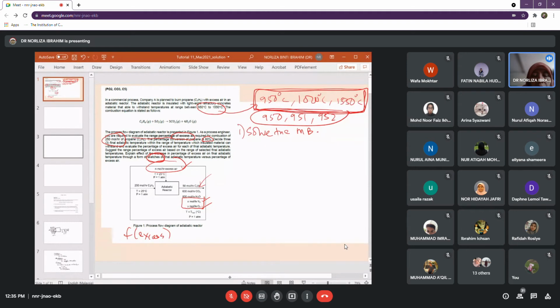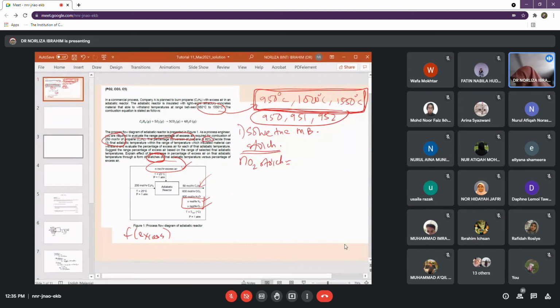Now dealing with percentage excess of air, you remember you need to find the stoichiometric oxygen. I use oxygen because you can use air, but it still gives you the same answer.